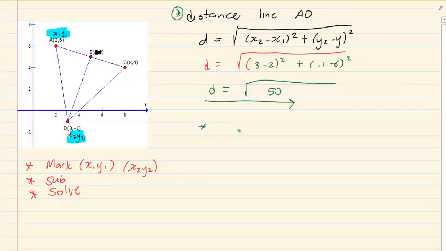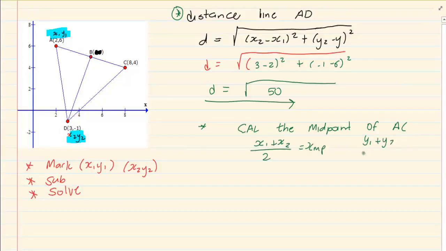The next thing is calculate the midpoint of AC. Now the formula for midpoint is x1 plus x2 over 2 is equal to the x of the midpoint, and y1 plus y2 over 2 is equal to the y of the midpoint. So, since we've already have an x1, y1 there, what we do is we mark this as x2, y2.